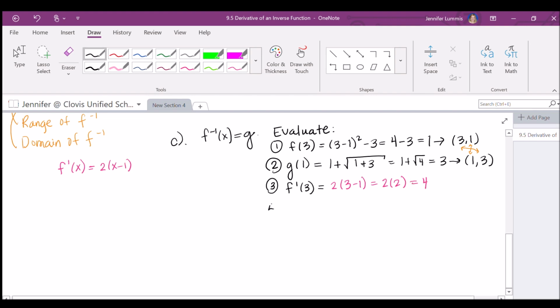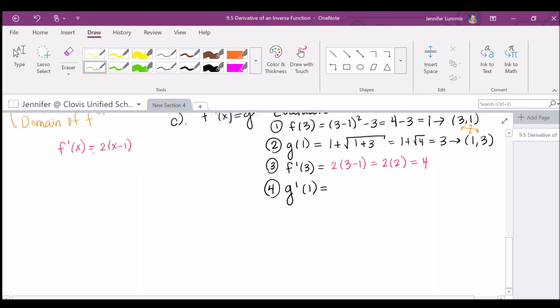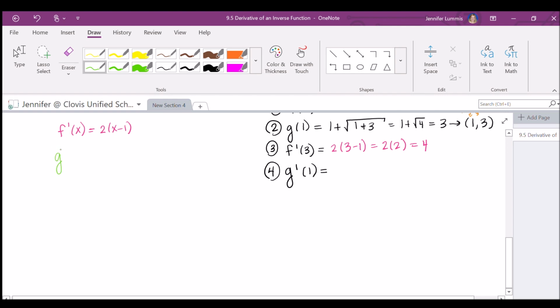Okay, the last thing is the derivative of g at 1. So we're going to go back and find the derivative of g. So we have the derivative of 1 is 0, and the derivative of our square root is 1 over 2 times the original root, which is x plus 3, and the derivative of what's inside, which would just be 1.